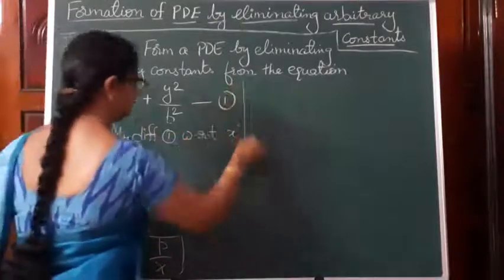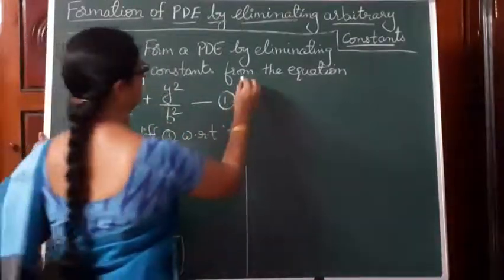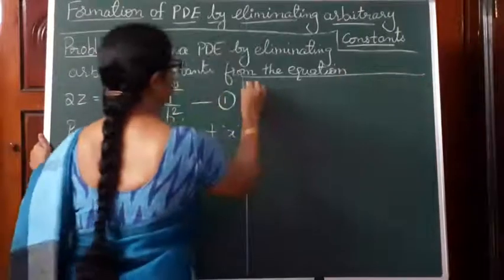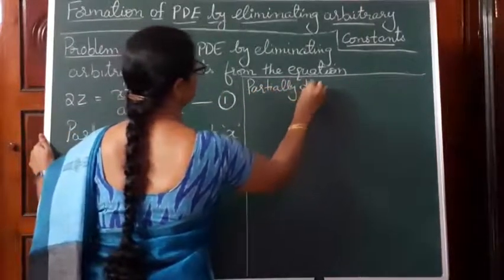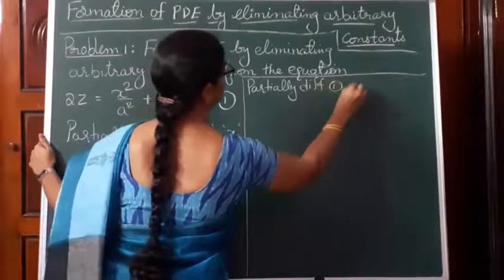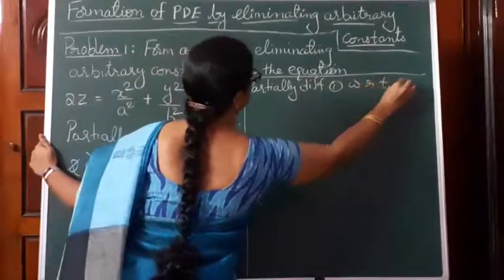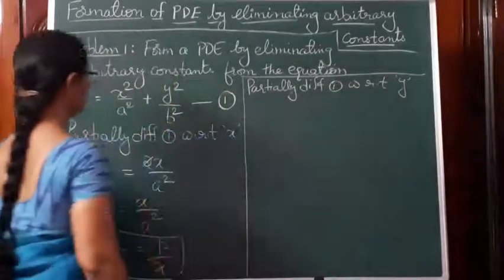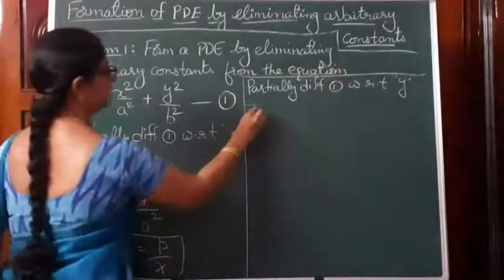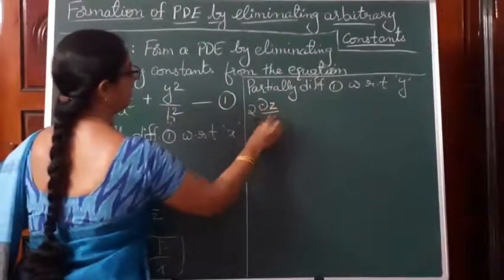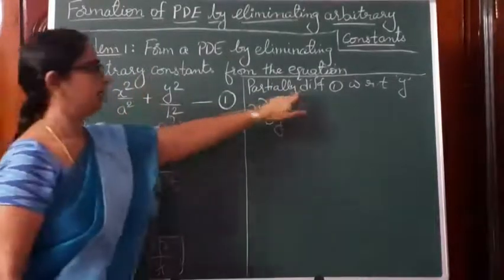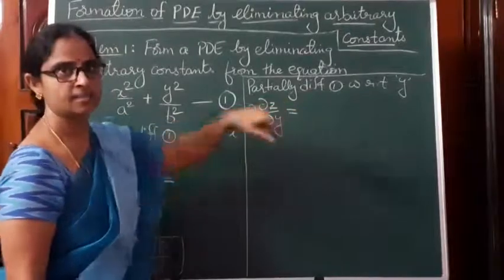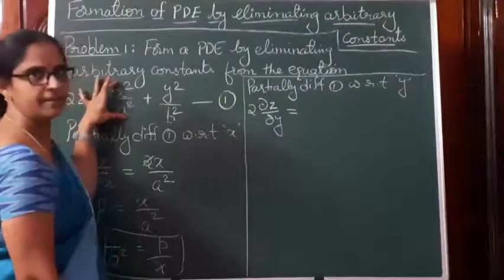Now partially differentiate 1 with respect to y. Then we get 2 into dou z by dou y is equal to, since we are partially differentiating with respect to y, x is constant, so its derivative is 0.